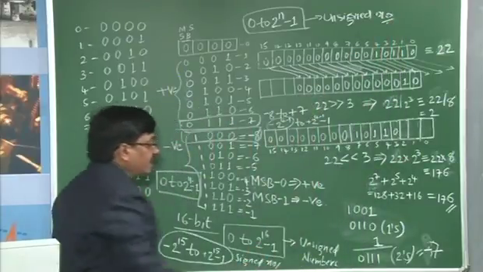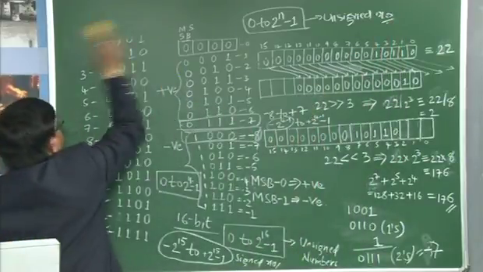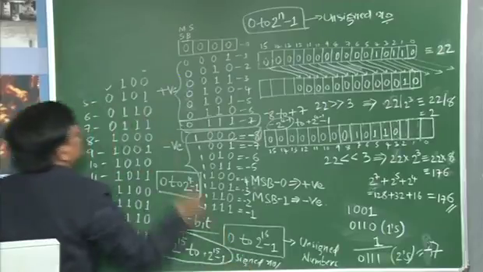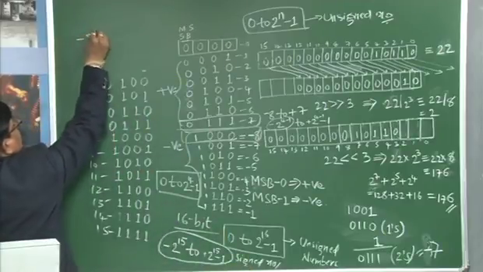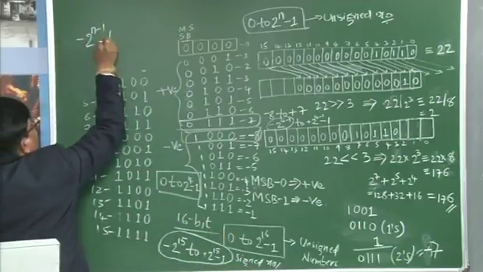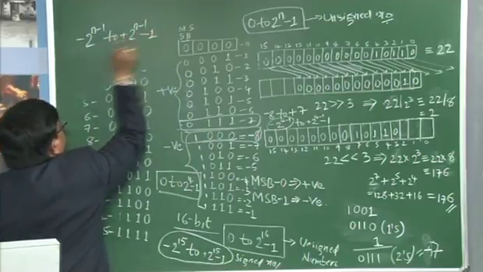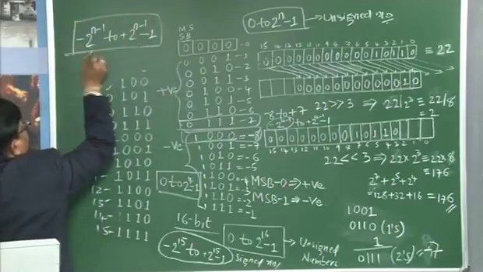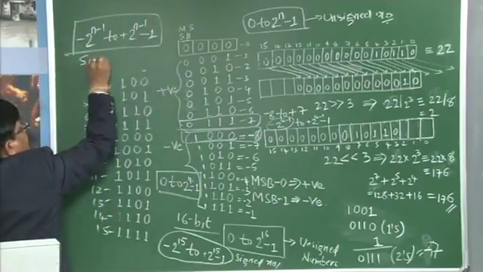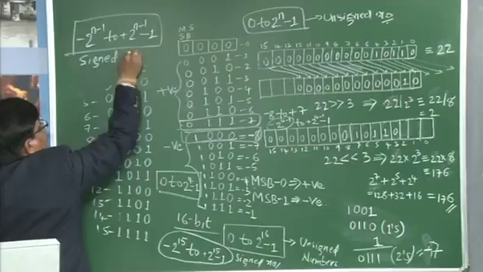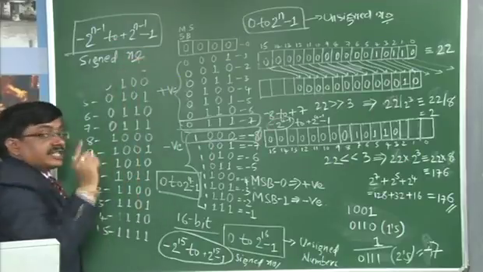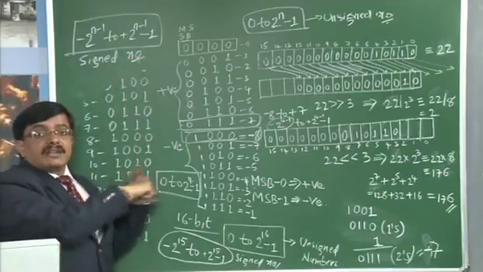Similarly, for the signed numbers, the range we can write here is minus 2 power n minus 1 to plus 2 power n minus 1 minus 1. This is the range for signed numbers. So why should we consider signed numbers and unsigned numbers in this program? Because we are performing bit manipulations here.